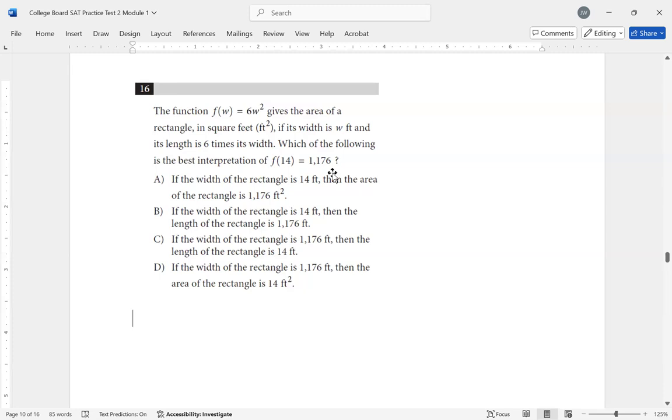So let's look at these options. Well, the option that says that is option A. Option A says if the width of a rectangle is 14 feet, then the area of the rectangle is 1,176 square feet.